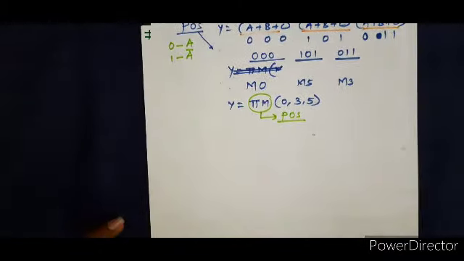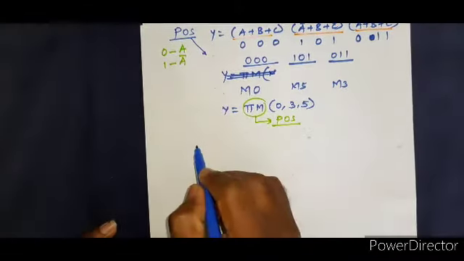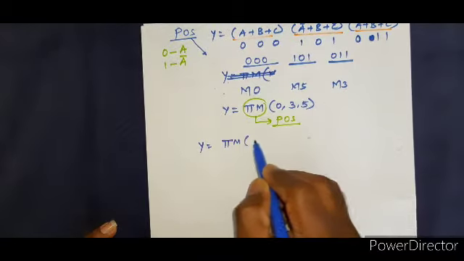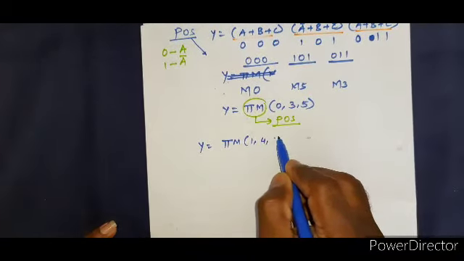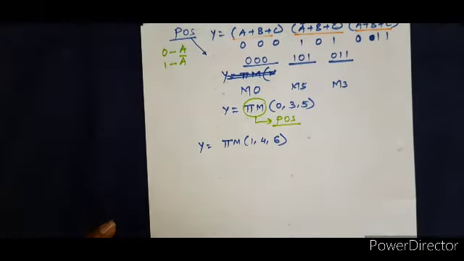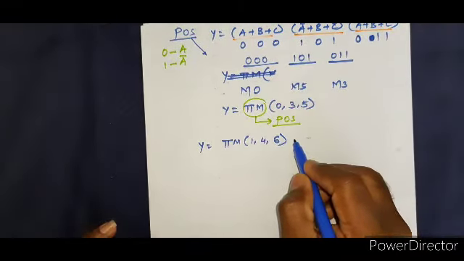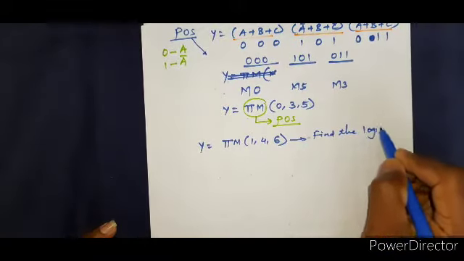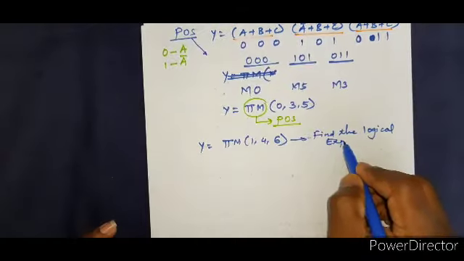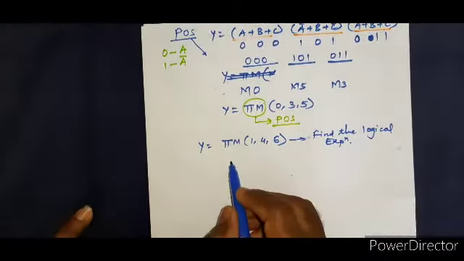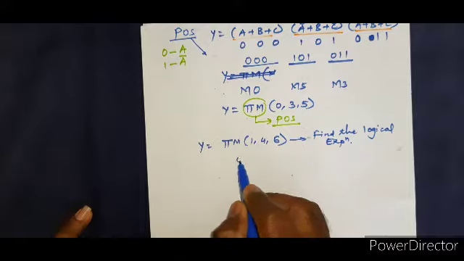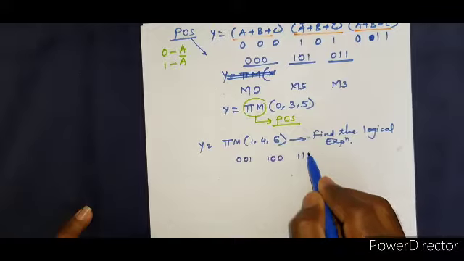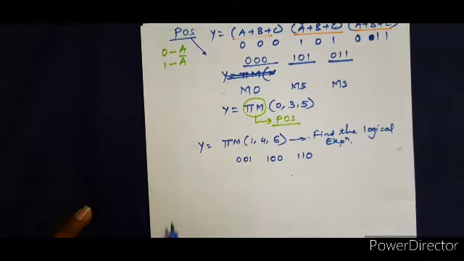Or vice versa, if I have the equation y equal to pi of M 1, 4 and 6, and I am to find the logical expression: 1 means 001, 4 is 100, 6 is 110.